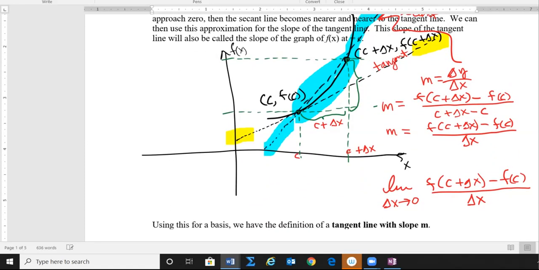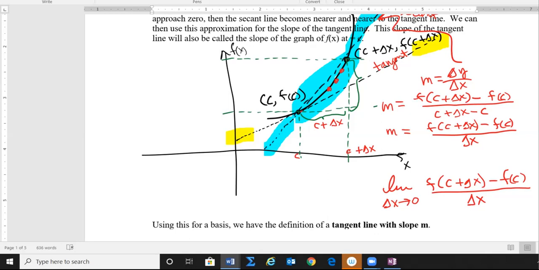But the idea behind it is, why did we just do that? Well, because we're going to let this point drop down this way. In other words, as delta x approaches 0, the point here moves down the curve and eventually reaches this point, and that's when we have a tangent.